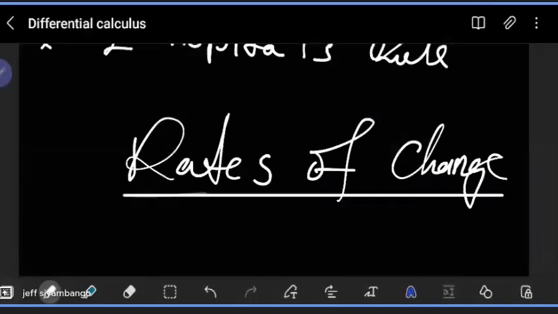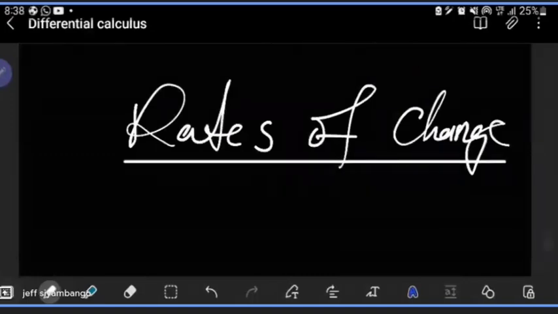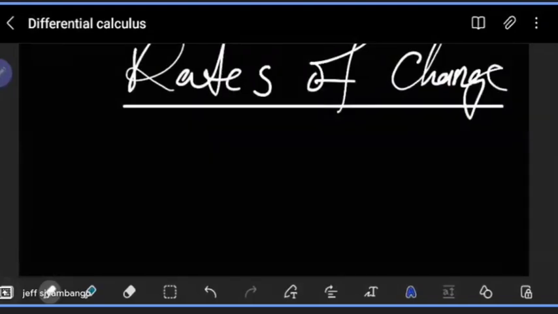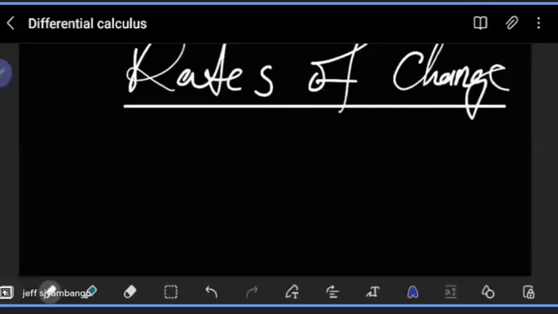So under rates of change, what is happening? This is where I was describing to say that here, you want to understand how a certain parameter is changing when something else changes, or when a variable changes, how does something else change? So an easiest concept that I can give you to understand the rates of change is perhaps how distance changes with time.